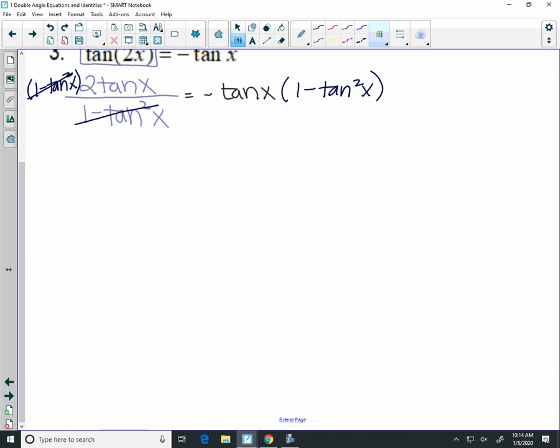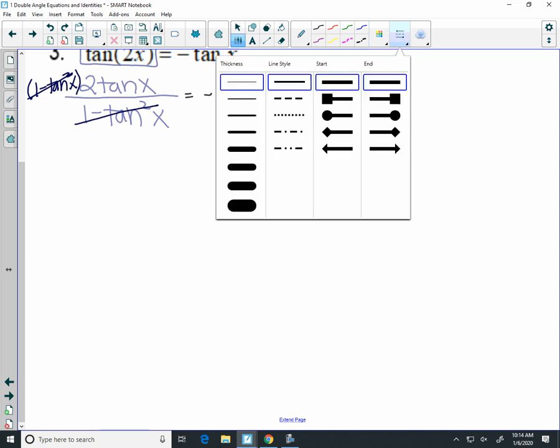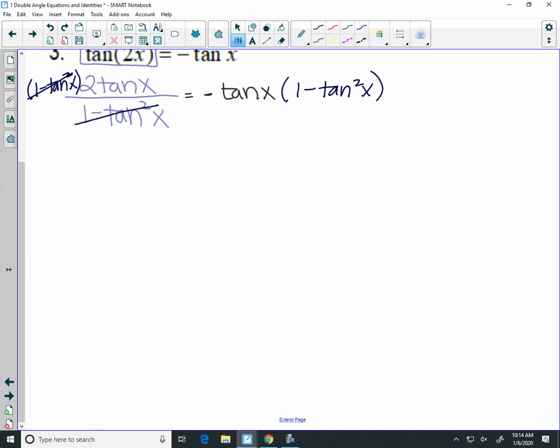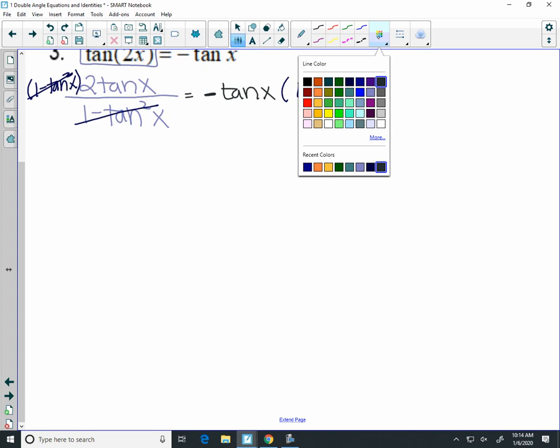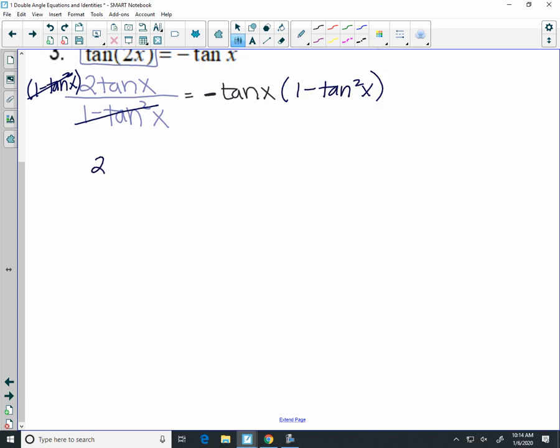And that is a negative tangent of x that you're going to be distributing on the right side. That's your next step. When we distribute that negative tangent of x, be really careful with your signs. Negative tangent times 1 is a negative tangent.